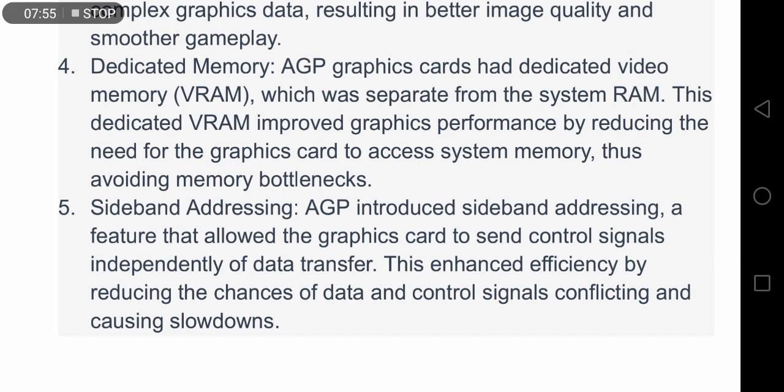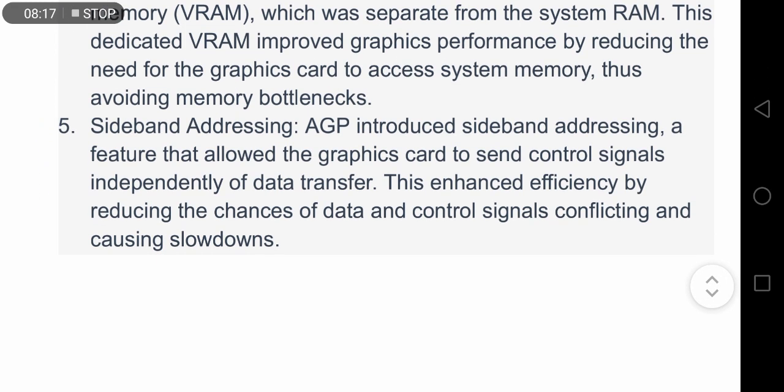AGP graphics cards had dedicated video memory (VRAM) which was separate from the system's RAM. This dedicated VRAM improved graphics performance by reducing the need for the graphics card to access system memory, thus avoiding memory bottlenecks. Number 5. Sideband addressing.